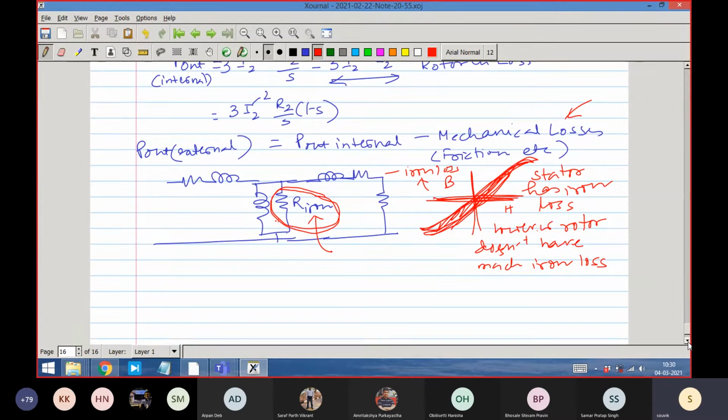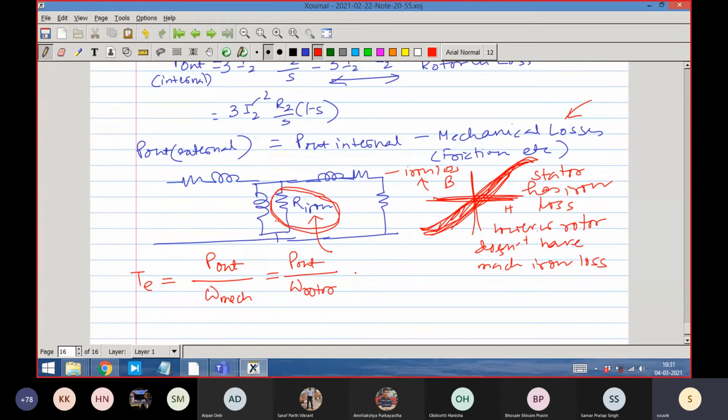Now, for simplicity, we are ignoring mechanical and frictional losses and trying to find the torque. So P out internal, based on that, if we want to find the torque, we say TE, the electromagnetic torque, is equal to P out by omega mechanical, or in our definition, omega rotor.